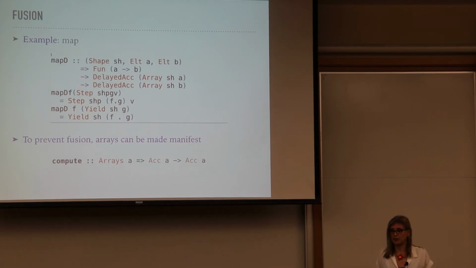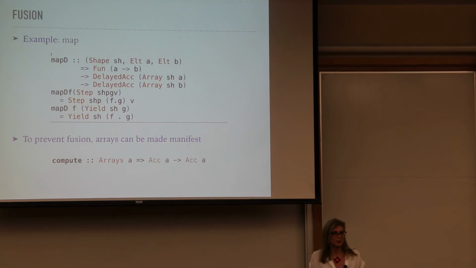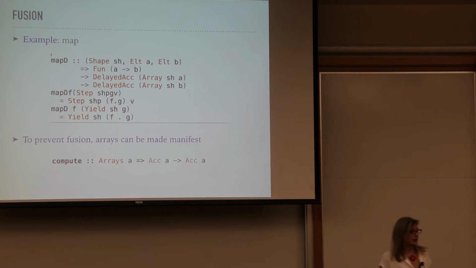We don't try to make these decisions automatically. They depend on the architecture, they depend on so many things. So what we provide the user with is a compute function, which on the surface language doesn't seem to do anything, but basically it forces a delayed array into a manifest array.